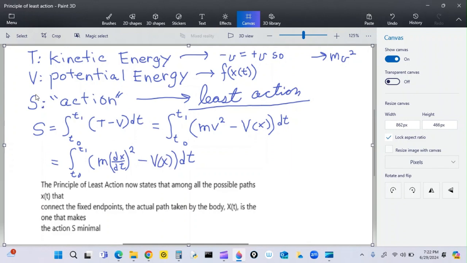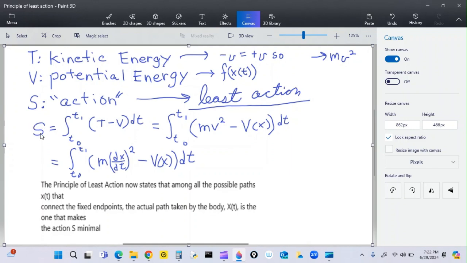S. This is what we're talking about in this principle of least action. The S represents the action. So in order to define what this action means, we have to come up with some mathematical symbols that will make this more real.